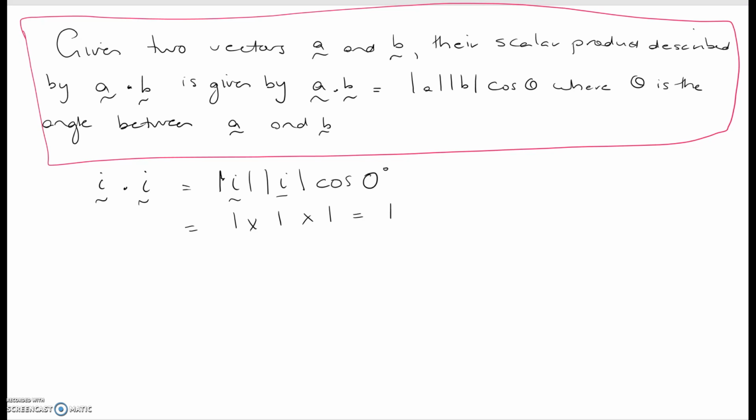Similarly, what if we looked at i dot j?